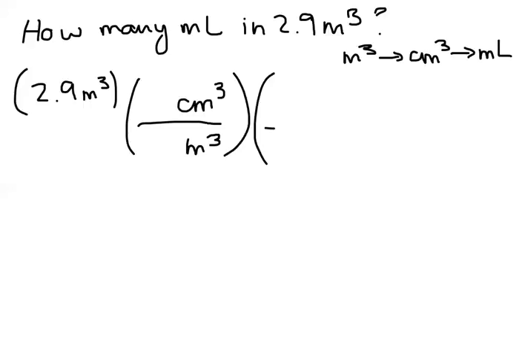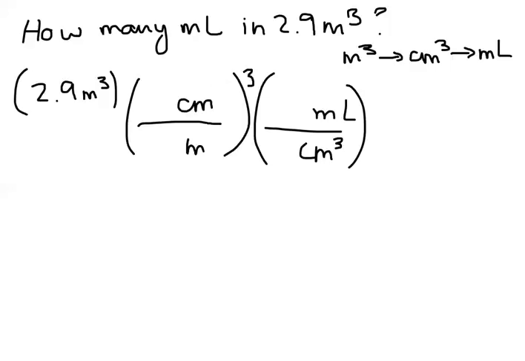Now I'm putting centimeters cubed on the bottom and mils on the top. What can I do? Based on what we just learned, what do I have to do with this? Yes. I can take this 3, the middle step, and bring that out.